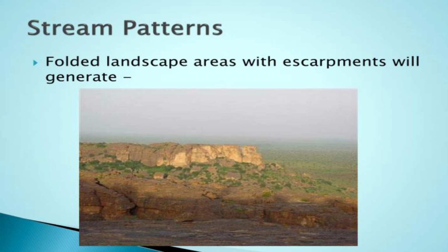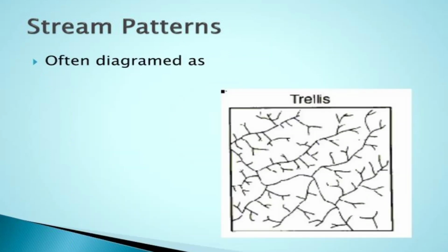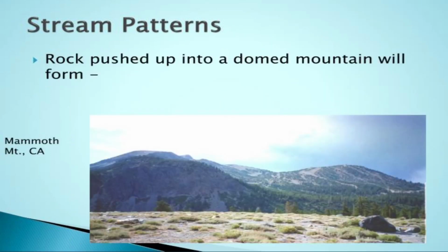The radial pattern is a pattern of rivers flowing away from a central point, analogous to the spokes of a wheel. Another pattern we see is the annular pattern, in which the subsequent streams follow curving or arcuate courses prior to joining the consequent stream.